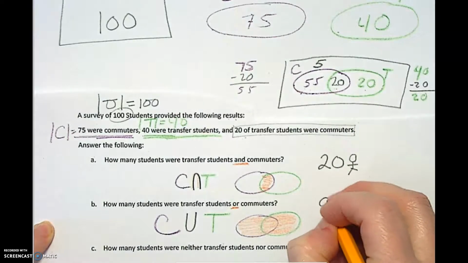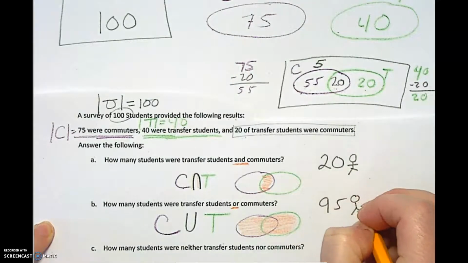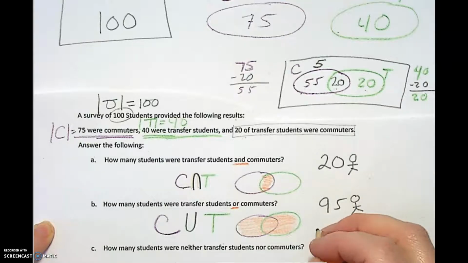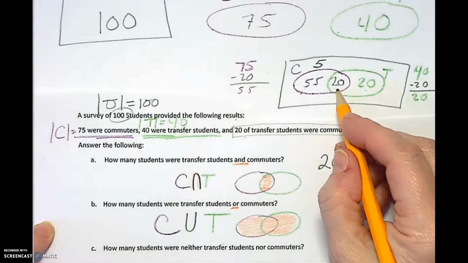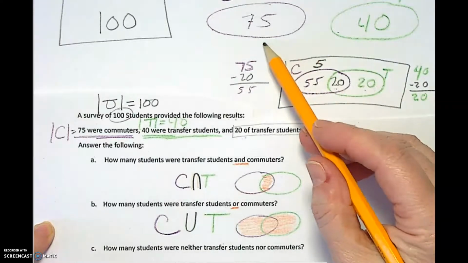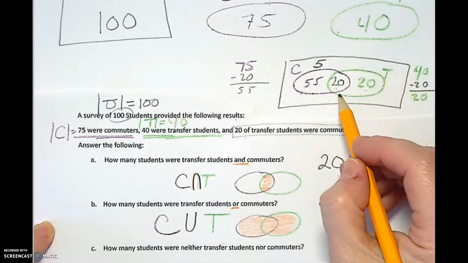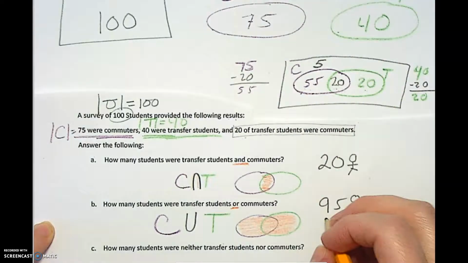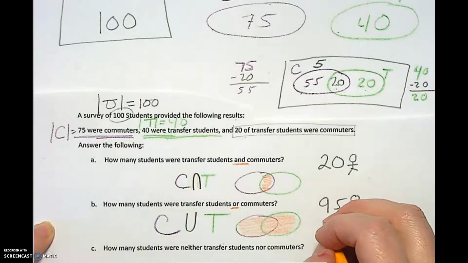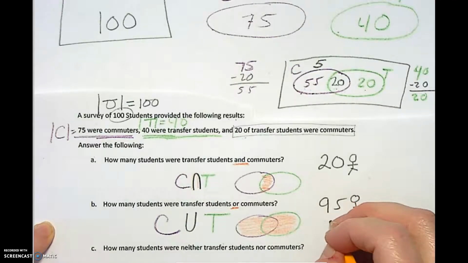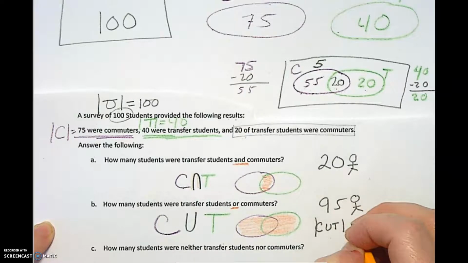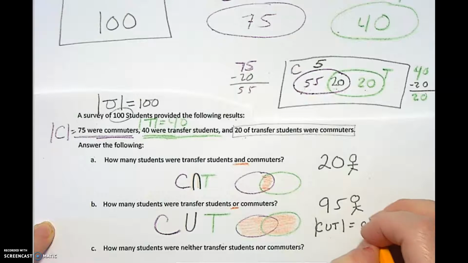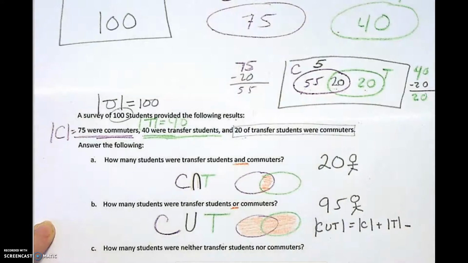So I'm going to write the 95 people here, and then I'm going to go ahead and write the formula. There's a formula in your book for inclusion and exclusion to make sure we don't count those 20 twice, because if we had added up the 75 and the 40, we would have counted those 20 people twice. So the formula in your book says, I think it's with A's and B's, but it says the number in the union equals the number in C plus the number in T minus, am I going to go off screen?